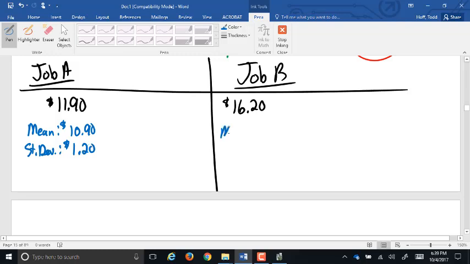In the location of job B, the mean wage is $14.70 with a standard deviation of $1.80.